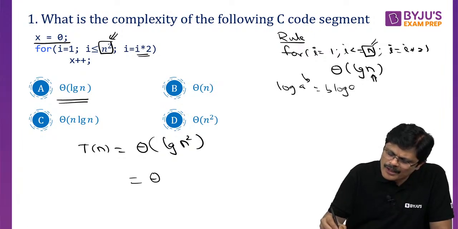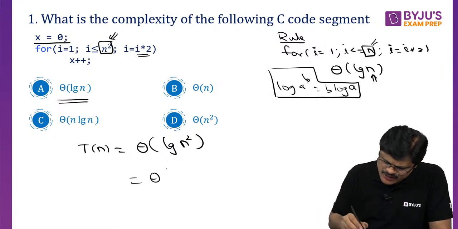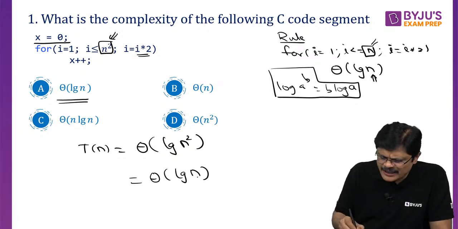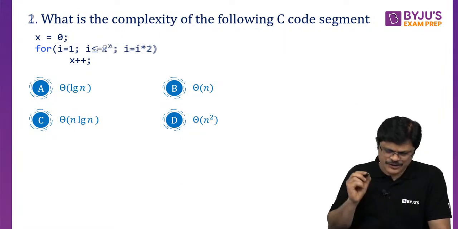So if you do not know the rules, we should always write them down and remember them. Am I clear? So what is the answer, sir? 2 log n. So 2 is a constant that can be ignored, therefore theta log n, that is option A, my dear friends. Wonderful. Second question.